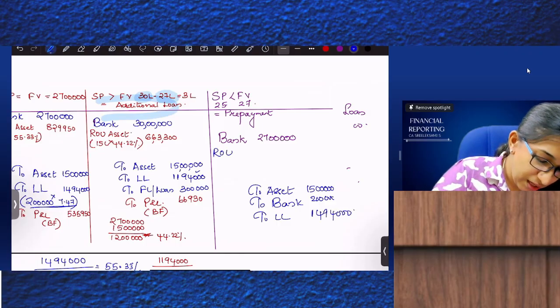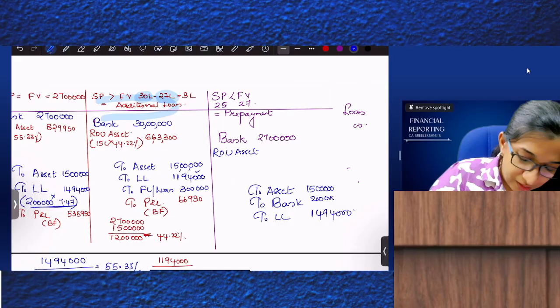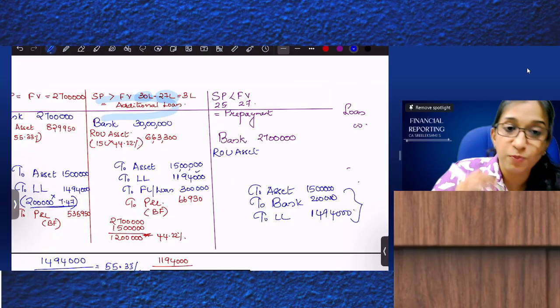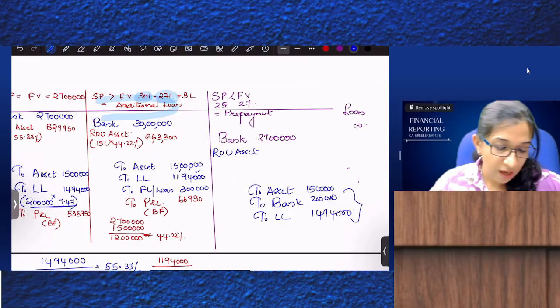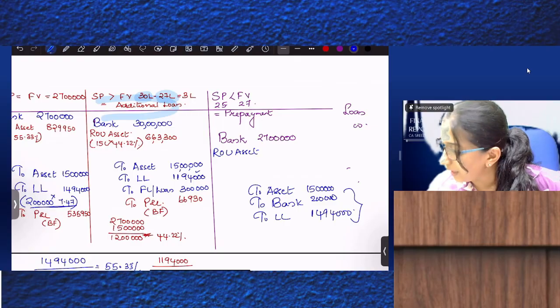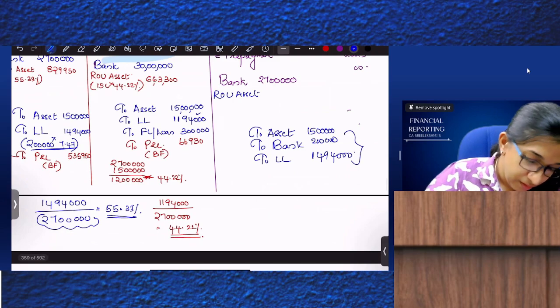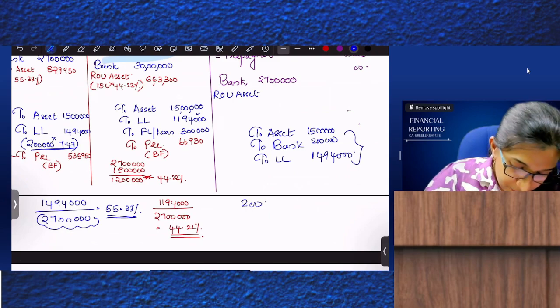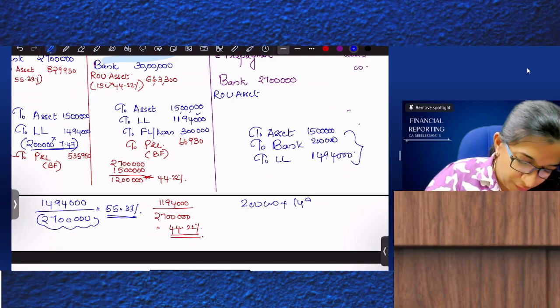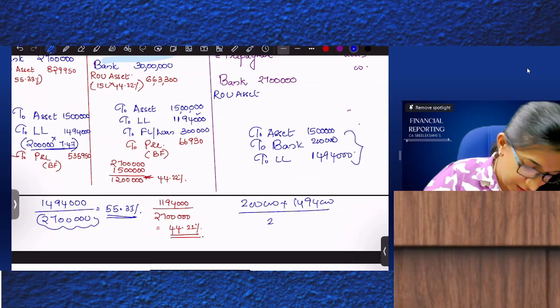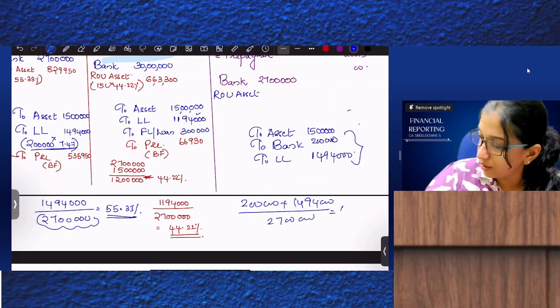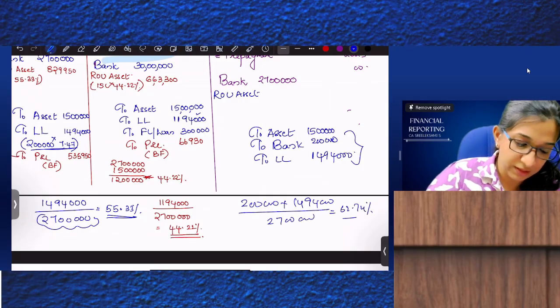So how much is the ROU asset? 2 lakhs is prepaid. So the ROU asset is 2 lakh plus 14,94,000, that is 16,94,000, divided by 27 lakhs, which is 62.74%.